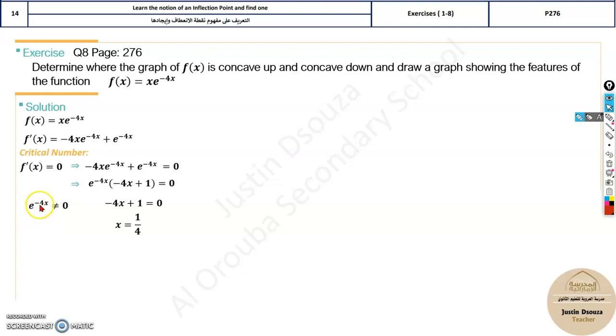But you must understand there is no value for e to the power that'll make it 0, because even if the power is 0, it's 1. It can never be equal to 0. Okay, you're raising something to any power, it'll never be 0 in this case for an exponential. Now over here, x is equal to 1/4, that is a critical number.